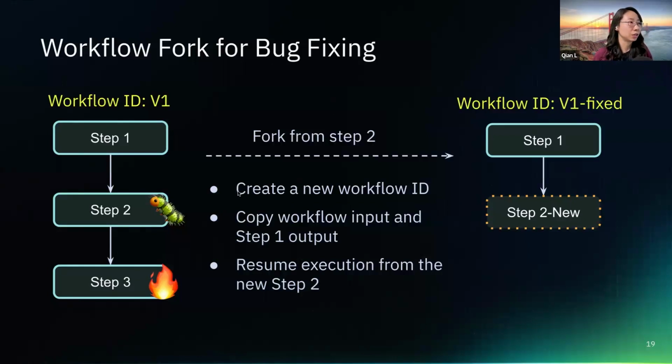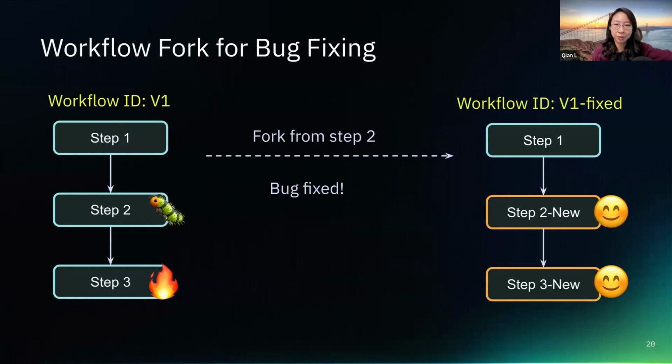Under the hood, DBOS will create a new workflow ID for this forked workflow, copy the workflow input and the step 1 output in a table, and then resume the execution from the new step 2, the one with your bug fix. If we restart from there, your workflow will succeed, and now you'll have fixed your bug.